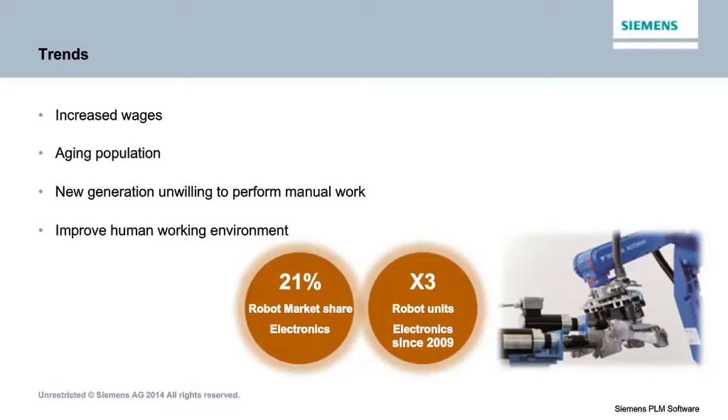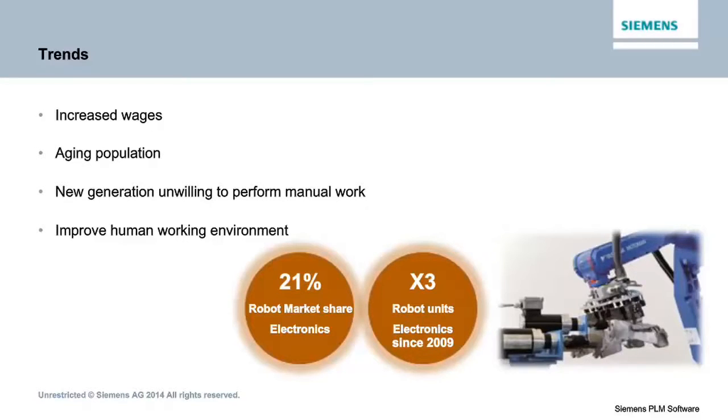Okay, so the examples that you saw illustrate how robots are used today for assembly operations. This is part of the trend of automating industry, automating assembly operations. In fact, in the last 5 years, the electronics industry tripled the amount of robots in production.